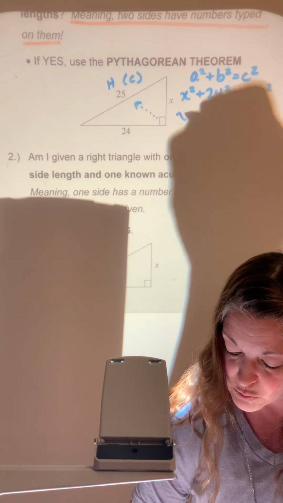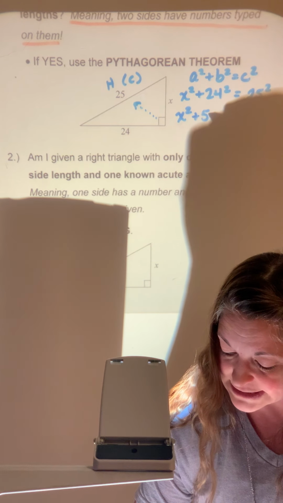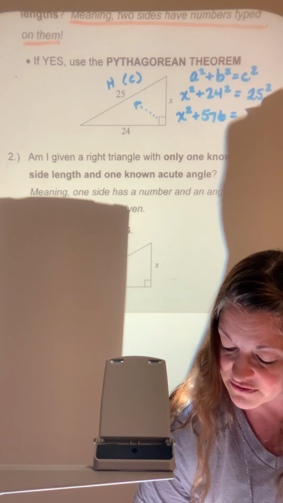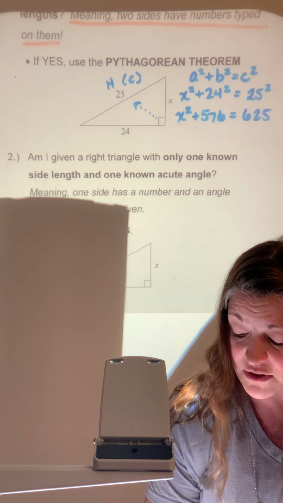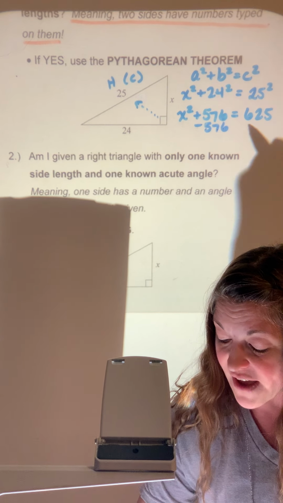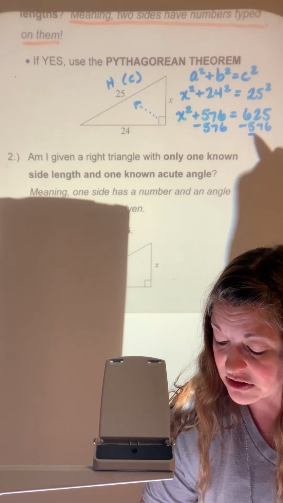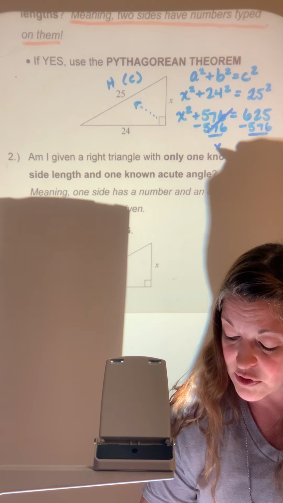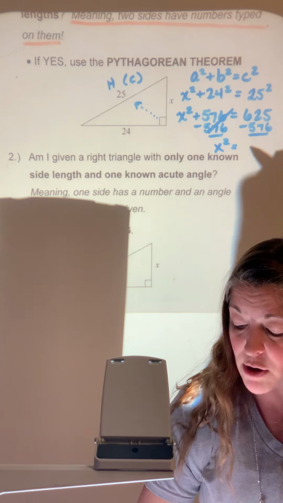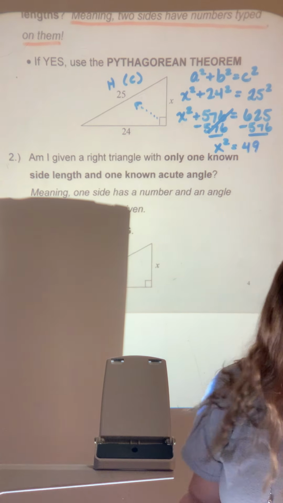24 squared will give us 576. 25 squared will give us 625. Remember, since your variable's on the left, you're going to have to subtract the 576 first. That will get your x squared all alone. When we subtract these two, we'll get 49.